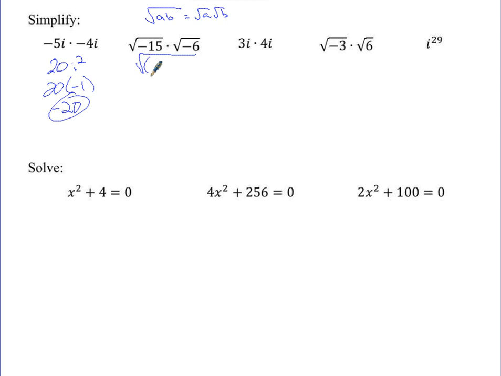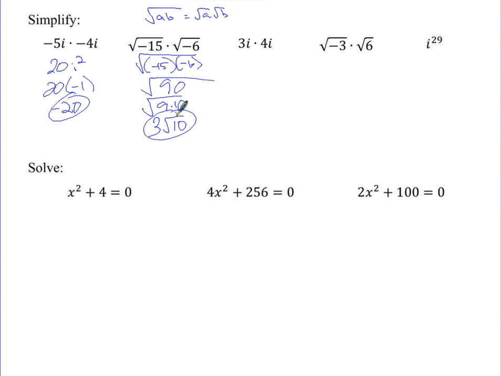So that gives me the square root of negative 15 times negative 6, which is positive 90. Is that my answer? I got to simplify that square root. What's the biggest perfect square that goes into 90? 9 times 10. So this becomes the square root of 9 times 10, which gives me an answer of 3 root 10.